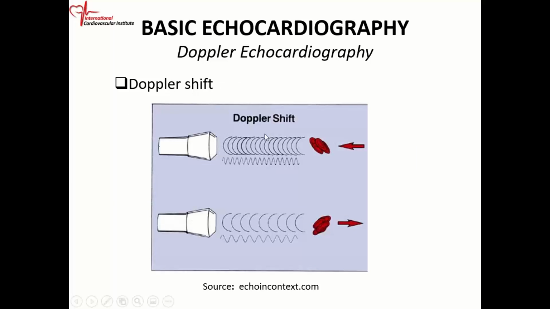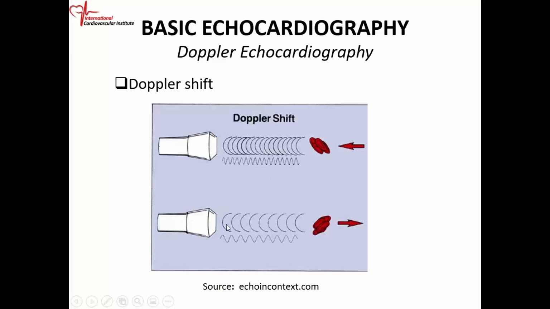But what we're saying is, if the moving red blood cell is moving towards a transducer, this is a transducer, this is the red blood cell, the perceived frequency is higher, so it will bunch up the cycles. That means a higher frequency.